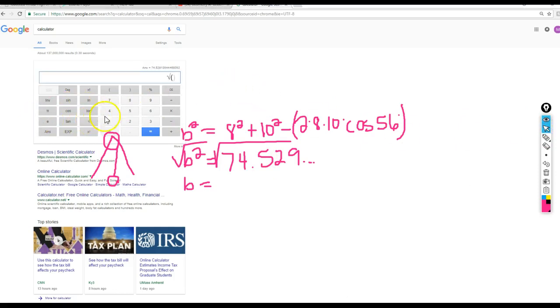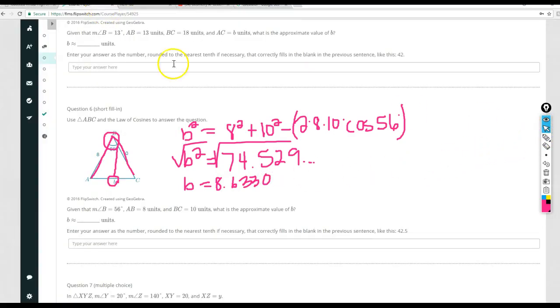So I hit the square root of 74.529135... For rounding sake, that's as far as I'm going to go. So we have 8.6330 for our side length of b.